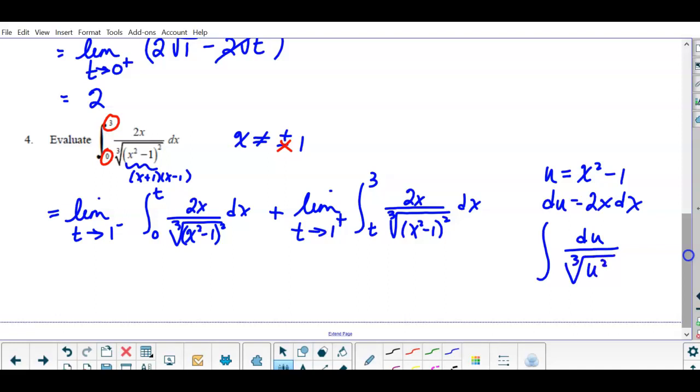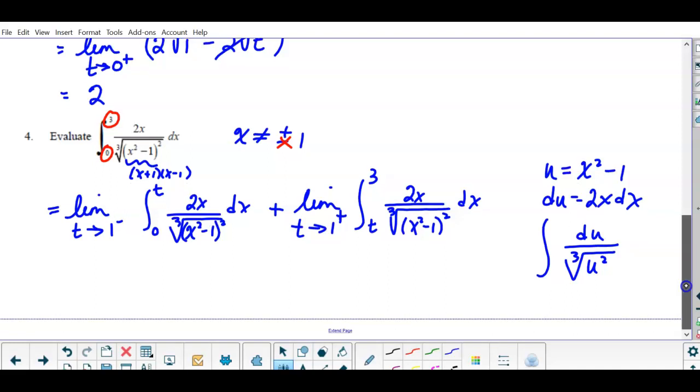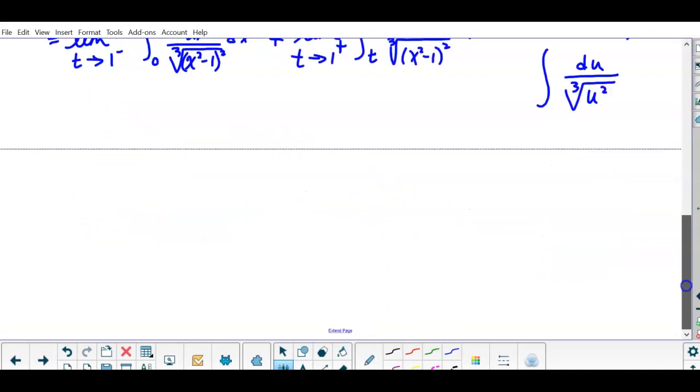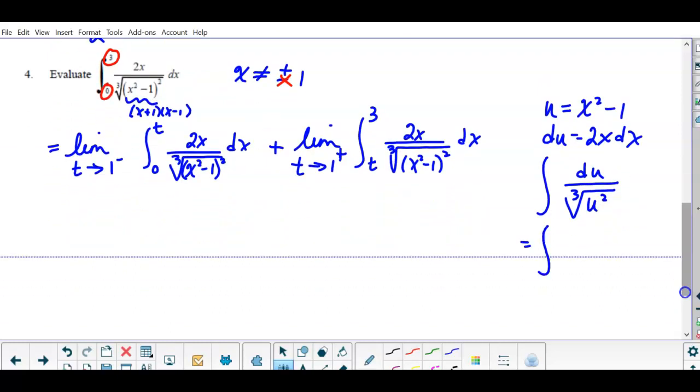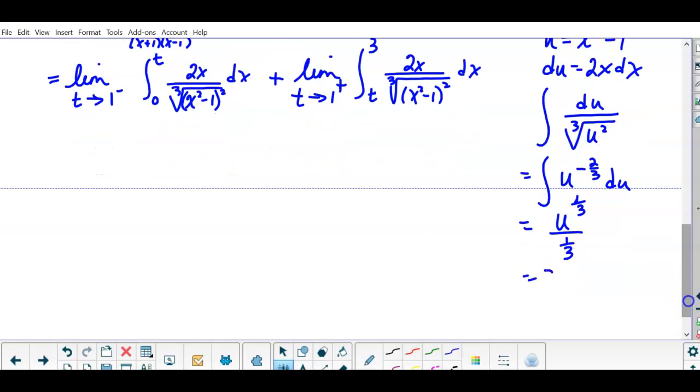So that's really u to the negative 2/3. So this is equal to the integral of u to the negative 2/3 du. So integrating that, that's u to the, add 1, so that's 1/3. So that's 3 cube root of u, which is x squared minus 1.